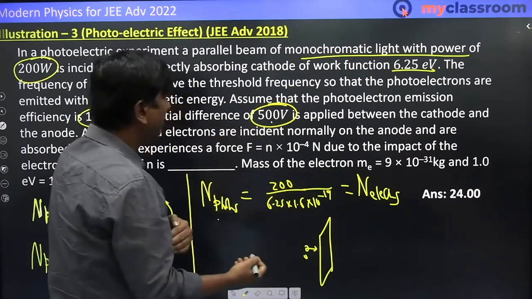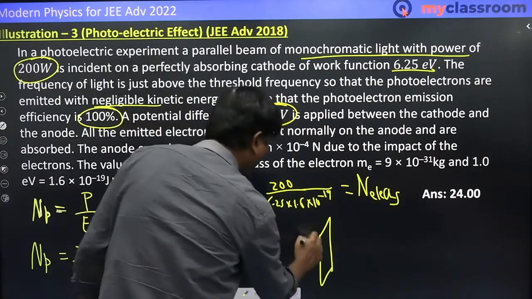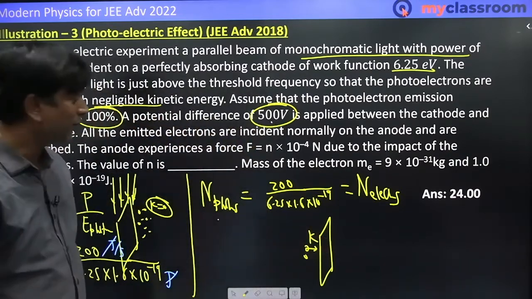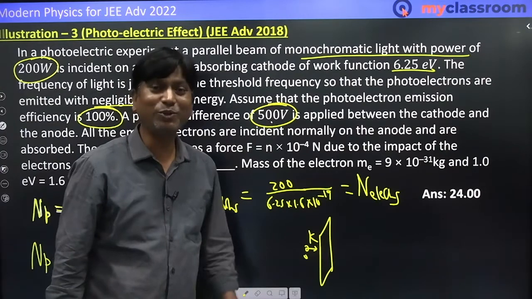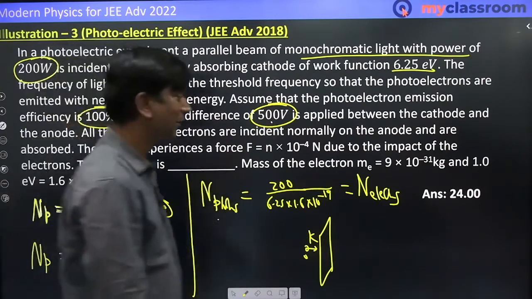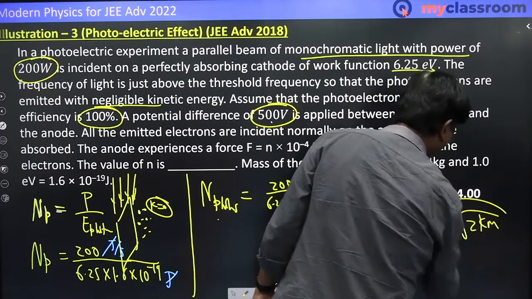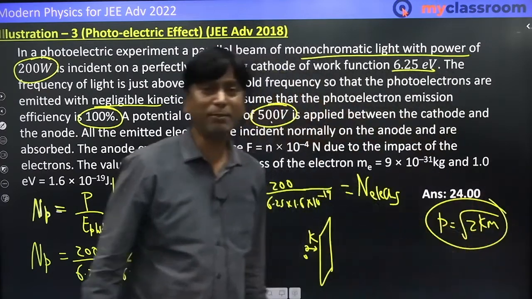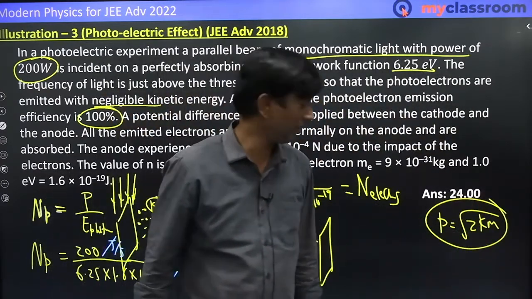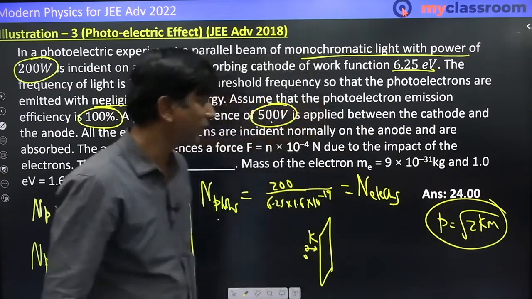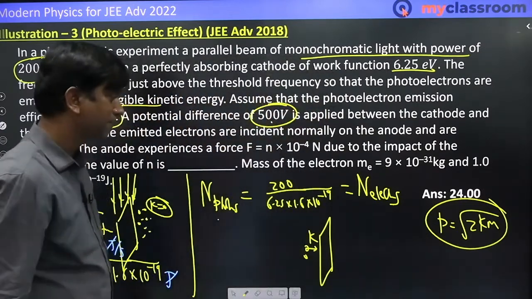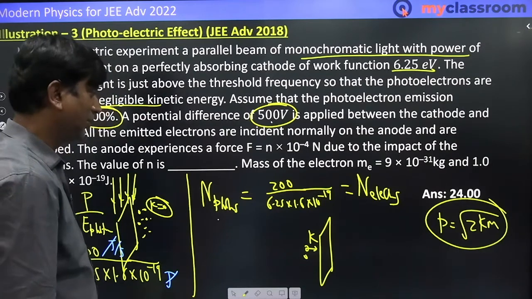Once you have the kinetic energy of the electron, you know how to find its momentum, because momentum is equal to under root of 2Km, right? That is the relation between momentum and kinetic energy of a particle.